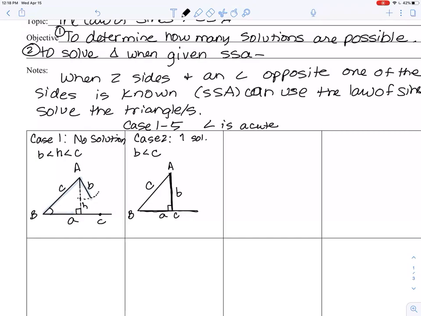So B is less than C in this case, but we could also say B is equal to the height and they're both less than C, and that'll create a right triangle.